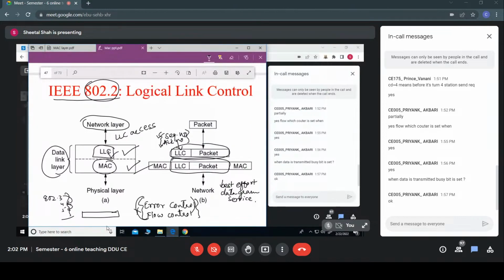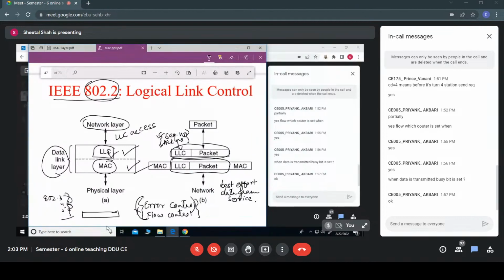If you have different frame structures, then it would be very difficult at the receiving end to find where the source address is, where the destination address is, etc. And for the network layer, it should be the same. It should not have to make out what the frame structure is, whether it is using IEEE 802.3, 4, 5, whatever it might be. For the network layer or the higher layers, it should be made transparent whatever underlying protocols you are using.